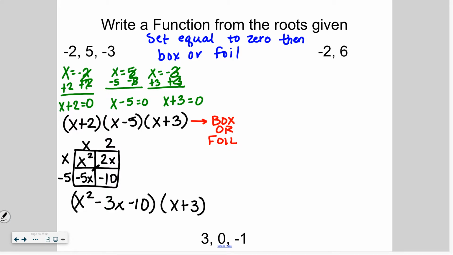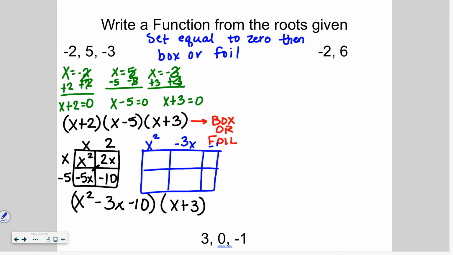Now I'm going to multiply one more time. So I have 3 terms and I have 2, so I'm going to do a 3 by 2. So I have x squared, -3x, and -10. And then I have an x and a 3. So I get x cubed, -3x squared. I'm going to fix the side of this real quick. So -10x.